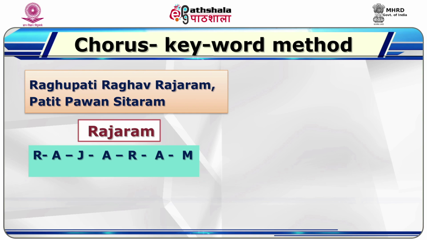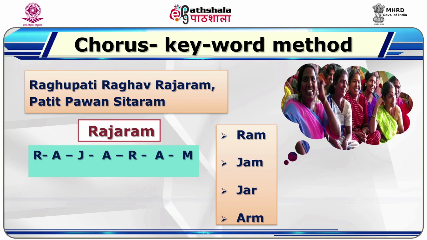As stated in earlier methods, from these new alphabets, the teacher encourages the learners to prepare new words. Now with the help of the new alphabets R, J, M and one vowel A, new words are prepared. For example, Raza.